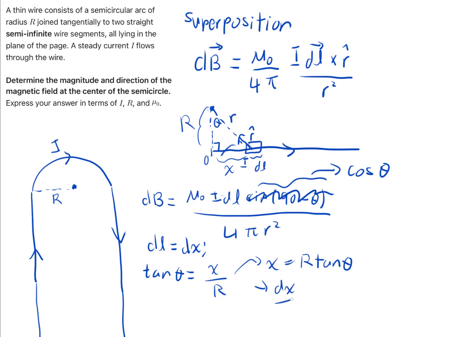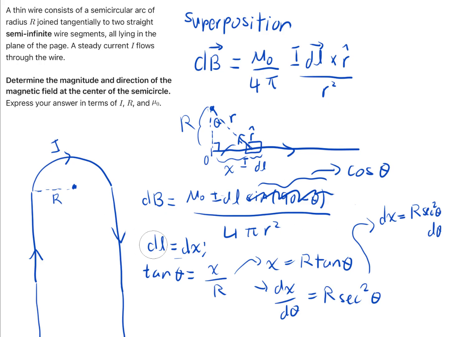So if we do dx d theta, that's equal to, r is just a constant, it's the radius, and the derivative of tangent of theta is secant squared of theta. And then we can simply rearrange this to get that dx equals r times the secant squared of theta times d theta. So now we have an expression for dl, which is the same as dx, and we can plug that in there. And it's all in terms of theta.